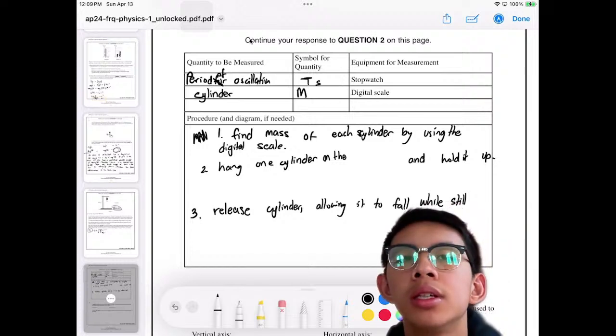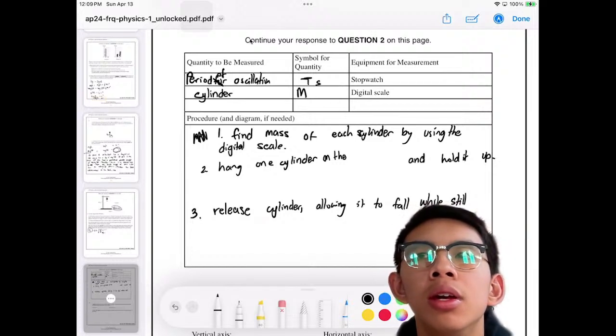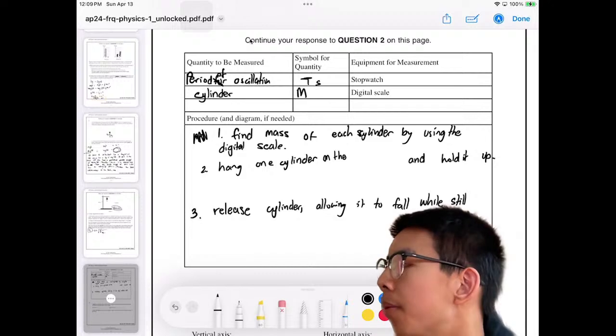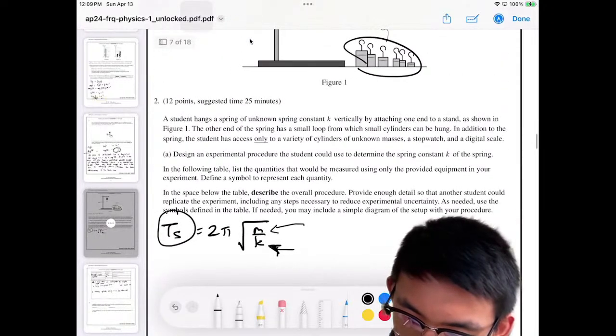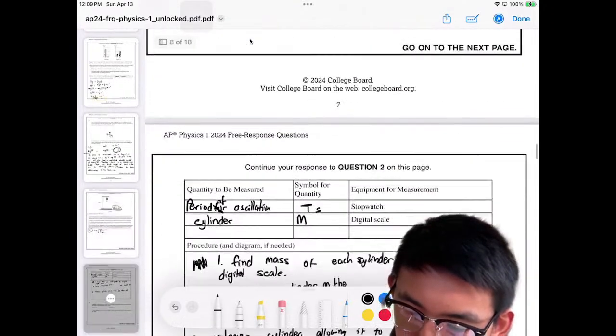Hang one cylinder on the, what is it called? On the spring.